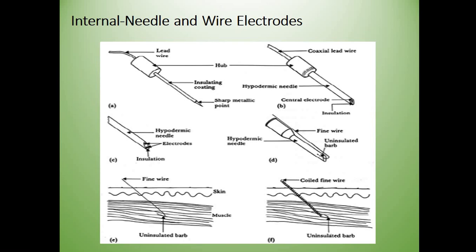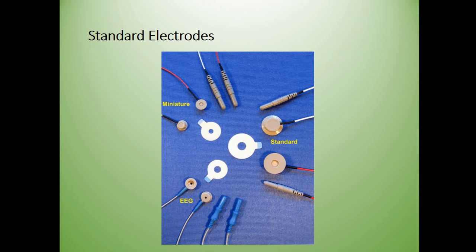They may be very slightly penetrated under the skin. However, in animal studies, they may be penetrated deep down to acquire the necessary signals. And this slide shows the picture of a few standard electrodes. With that, we conclude this presentation. Thank you.